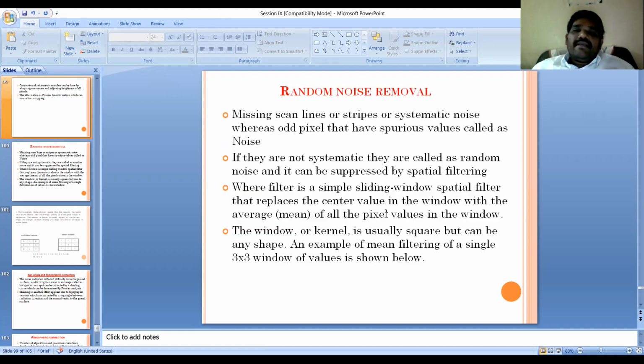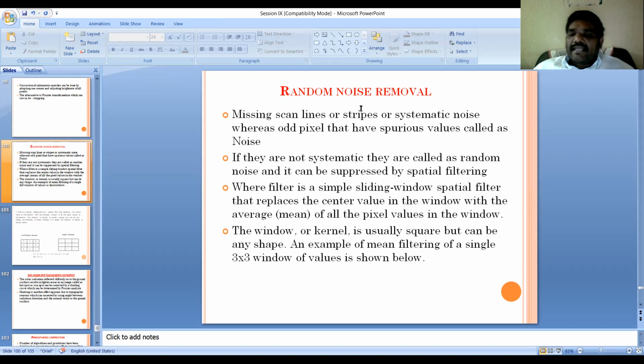The third one is random noise. Now, what is noise? Before we discuss random noise, you must know what noise is. Noise, here, is not the one you make in the absence of the teacher in your classrooms.